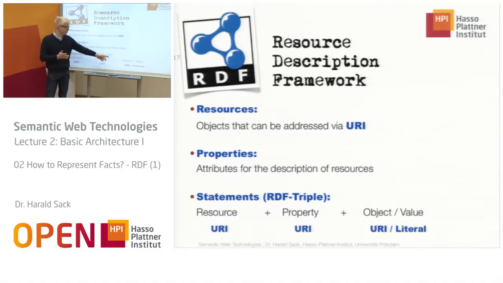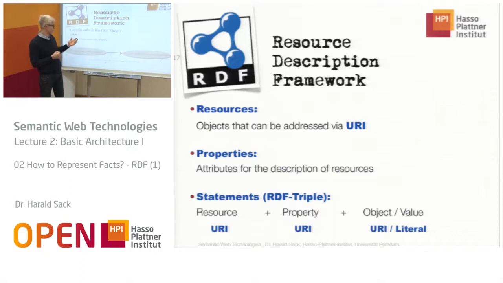Then it's a so-called literal. So RDF triples are composed of 3 parts: a resource, which is a URI, the subject, then a property, which is also a URI, and then you have an object. The object might be a URI if we are referring to another resource, or it might be a literal when we refer to a string or to a value that has an associated data type.